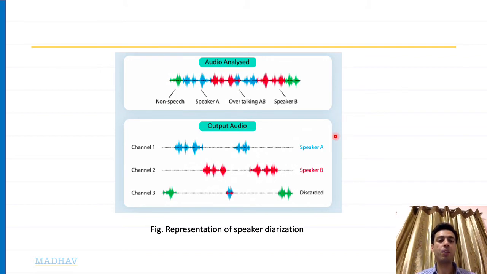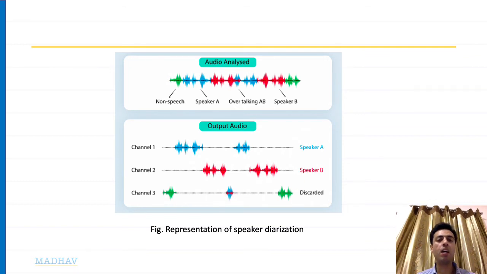But we are just saying, okay, this speech and this speech come from the same person, and that's what we are given. And then this speech and this speech come from another person who is different from this person, and that is the start time, end time, start time, end time. That's it. And then these are audio which we are kind of discarding, or it's not of interest, because even the overlapping, when both are overlapping, that can also be discarded.